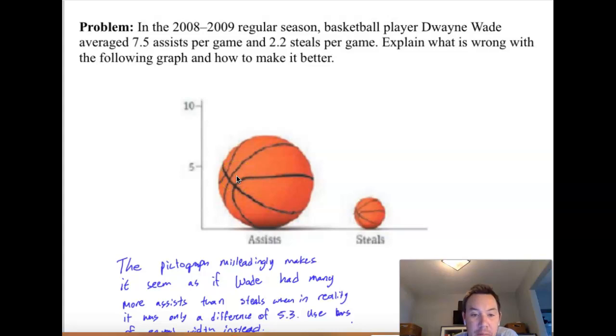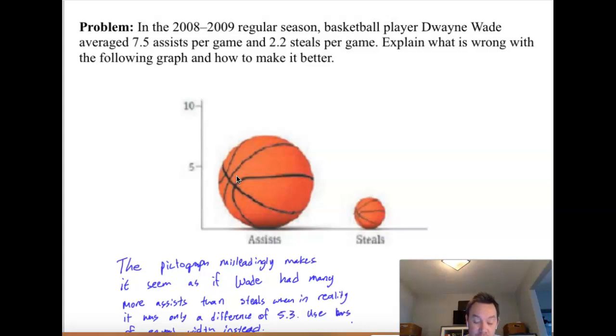Okay, so I paused it so I could write this out, but I said the pictograph misleadingly makes it seem as if Wade had many more assists than steals, when in reality it was only a difference of 5.3. And so what I said is you should be using bars of equal width instead.